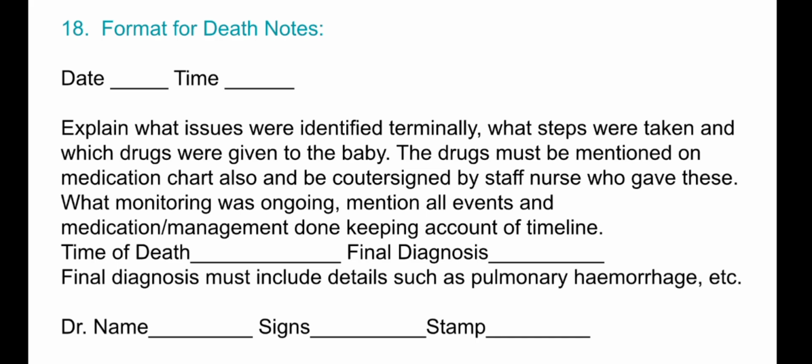You may add the resuscitation details here or separately in the resuscitation notes. Finally, mention the time of death and the final diagnosis. Final diagnosis must include details such as pulmonary hemorrhage, etc. And then write your name, signs and stamp.